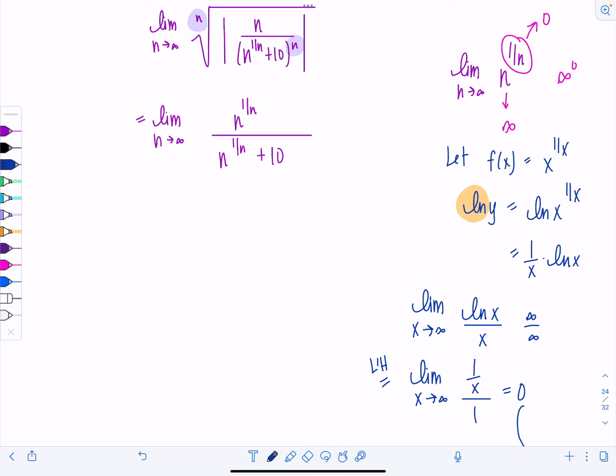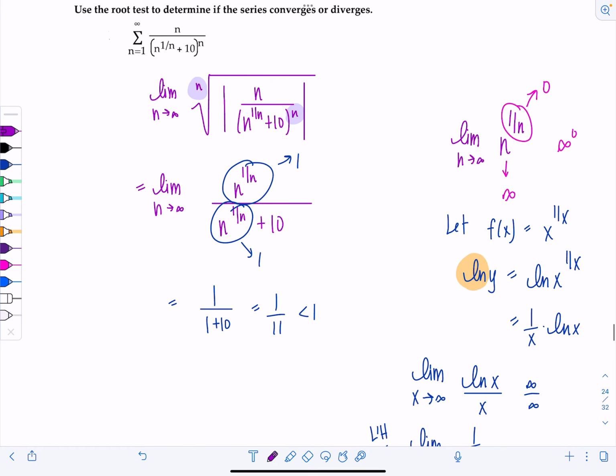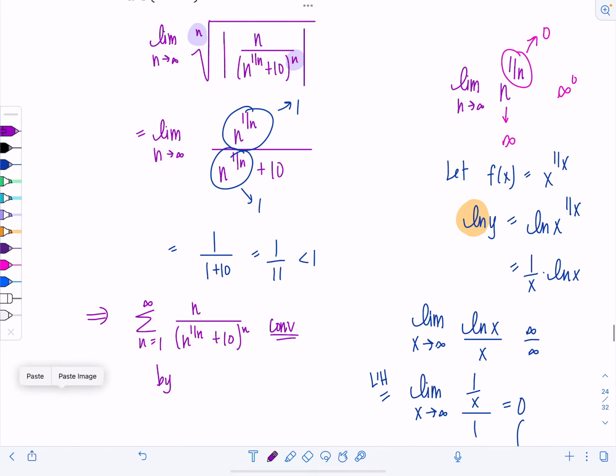We know that the limit of n to the 1 over n also goes to 1. So this is 1 over 1 plus 10, which is 1/11, which is less than 1. Whew! Okay. So that means the original series, n equals 1 to infinity of n over n to the 1 over n plus 10 to the n, converges by the root test.